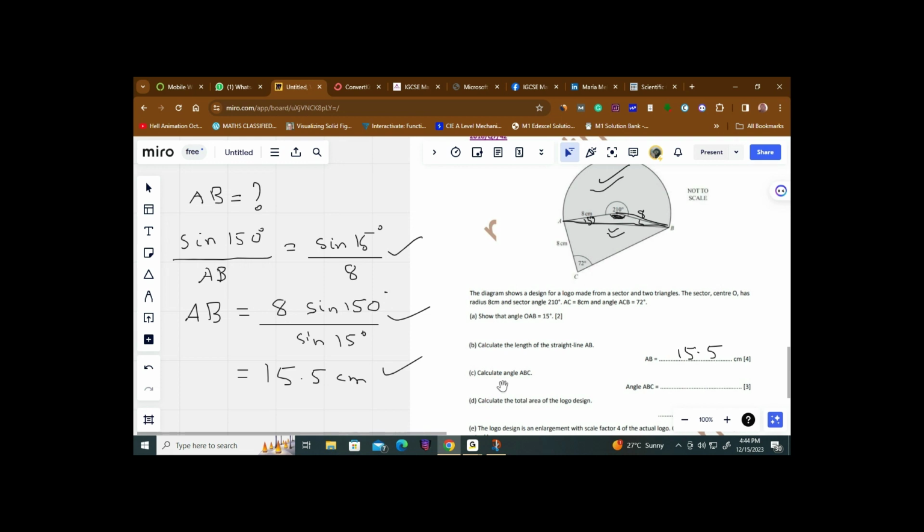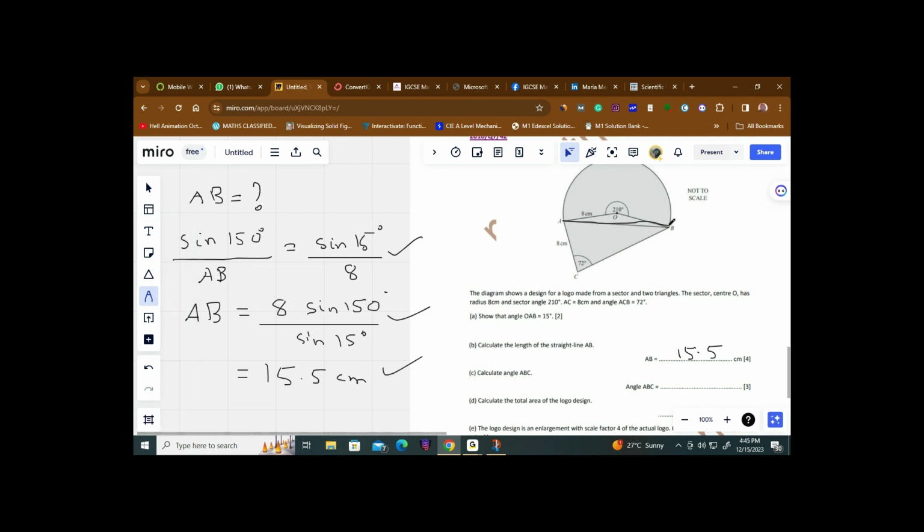And part C says you need to calculate the angle ABC. Let me just erase this. Now what do I need to do? I need to find out angle ABC. Where is angle ABC?